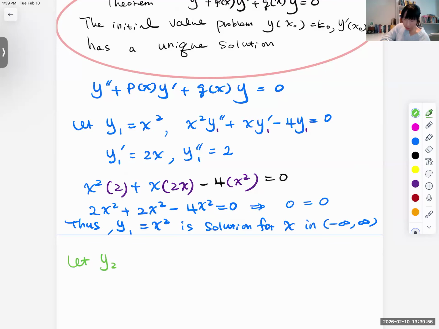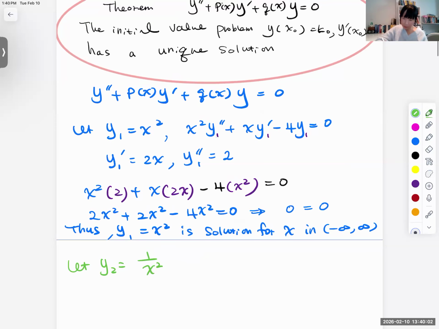let y sub 2 equal to 1 over x squared. Okay, so we have the formula x squared y second prime plus x y prime minus 4 y equal to 0.